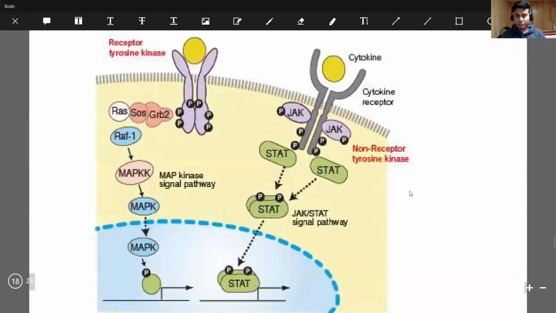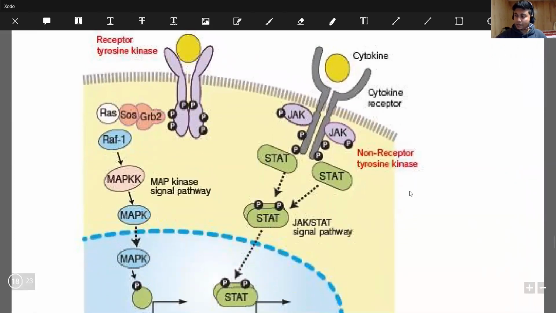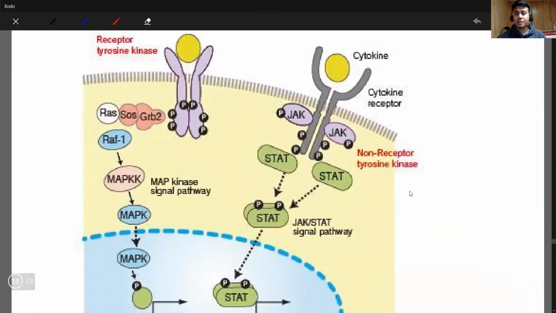Now, in the same picture, you see the non-receptor tyrosine kinase. Now, this non-receptor tyrosine kinase, as you see, has no intrinsic tyrosine kinase activity. It needs to take help from another enzyme to phosphorylate its tyrosine residues. That means there is also some tyrosine present here, and these phosphate groups are on phosphorylated tyrosine.